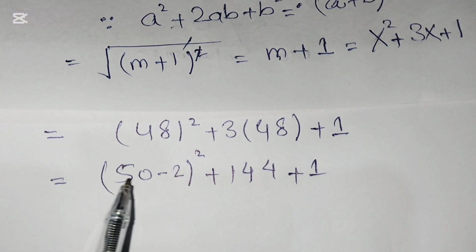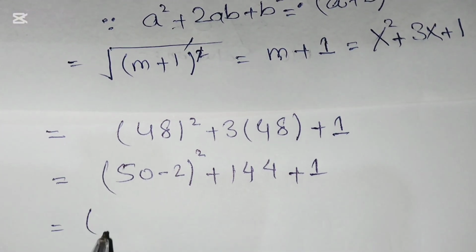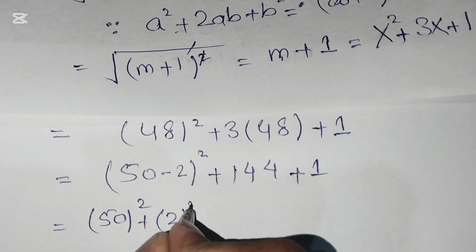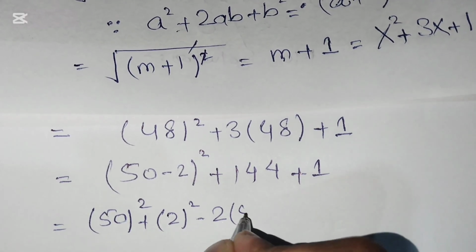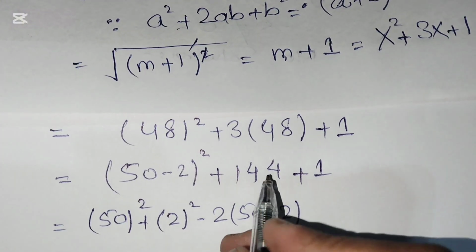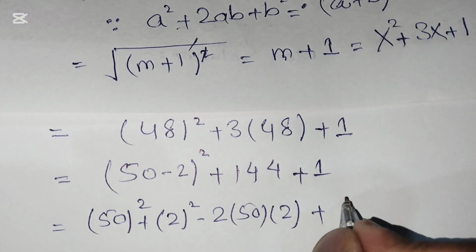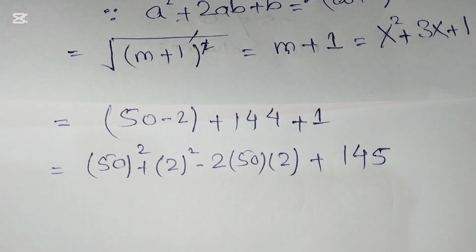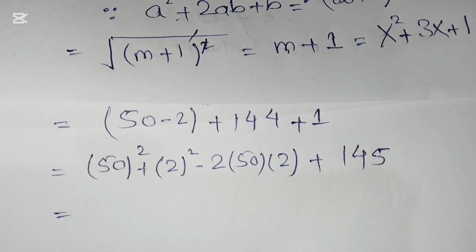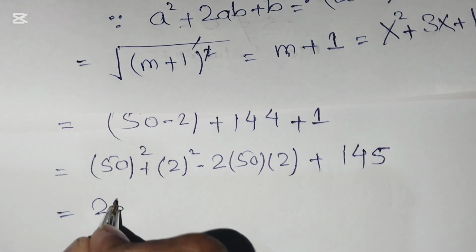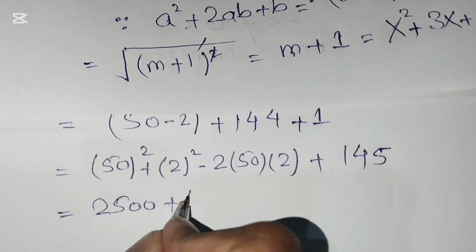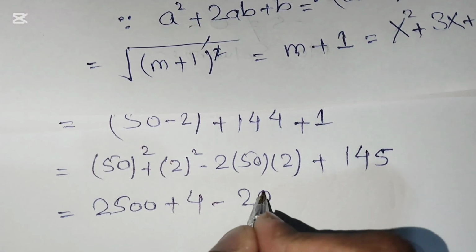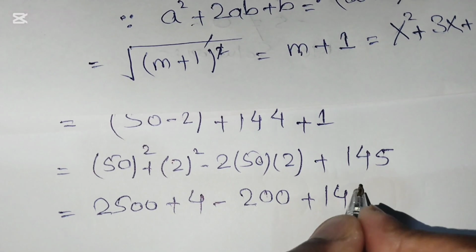Now 50 minus 2 square is 50 square, plus 2 square, minus 2 into 50 into 2, plus 145. What is 50 square? This is 2500 plus 4 minus 2 into 50 is 100, 100 into 2 is 200, plus 145.